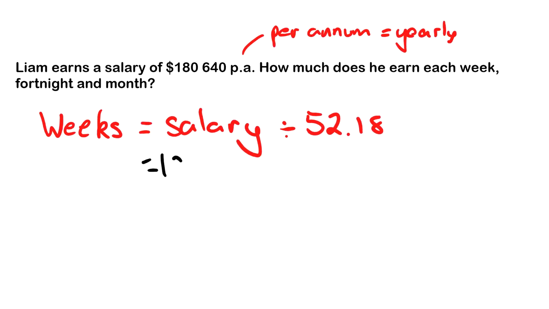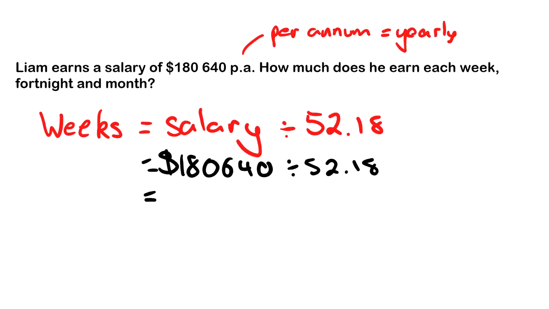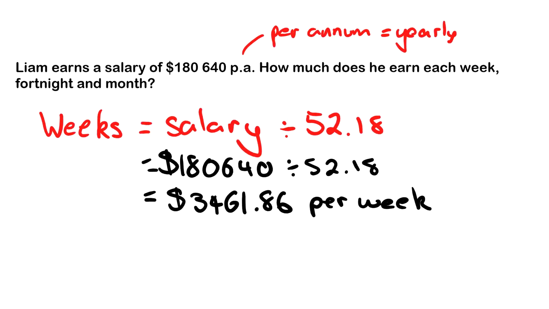So $180,640 divided by 52.18, and that comes out at $3,461.86 per week.